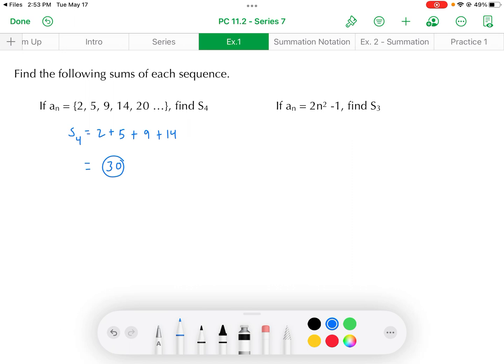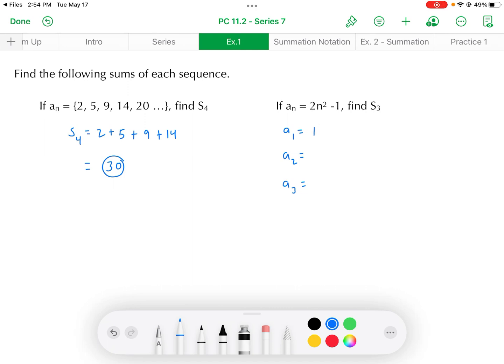All right, in the next sequence, you are given it explicitly as a formula. We want to find S sub 3, so that means we're going to have to first find the three terms of that sequence. All right, so A sub 1, if I plug 1 in for n, 2 times 1 squared minus 1 will simplify to 1.